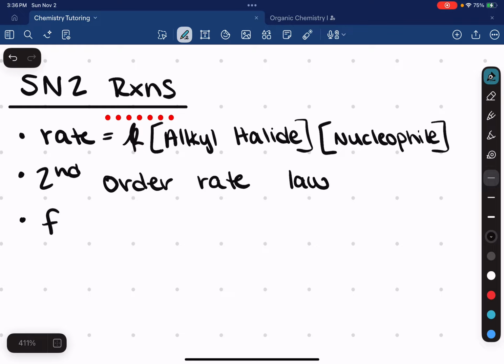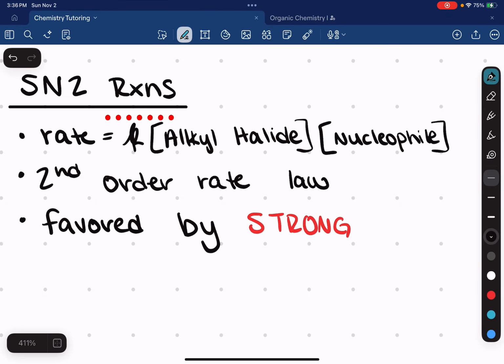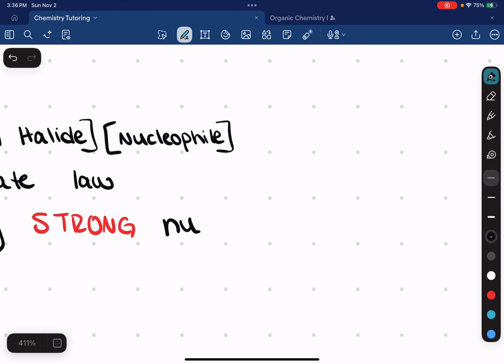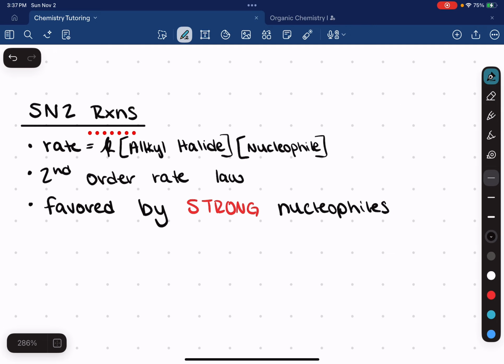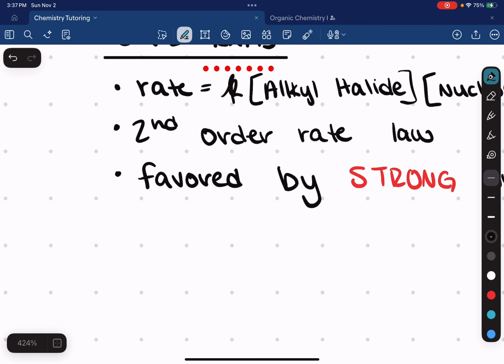So this one is favored by strong nucleophiles. And it uses still polar, but aprotic solvents.